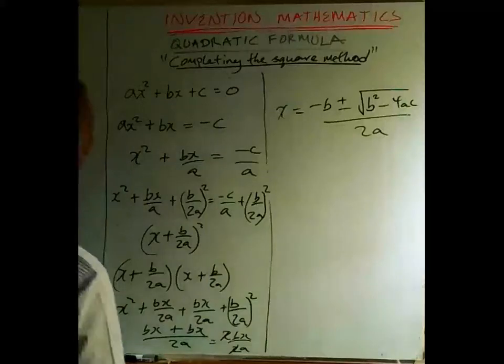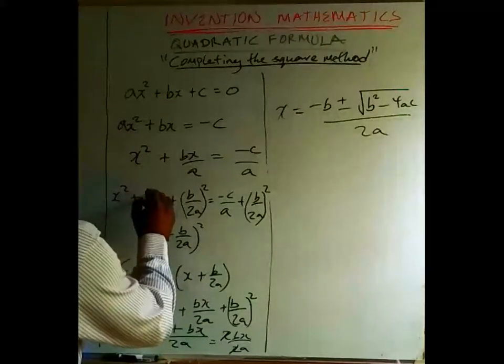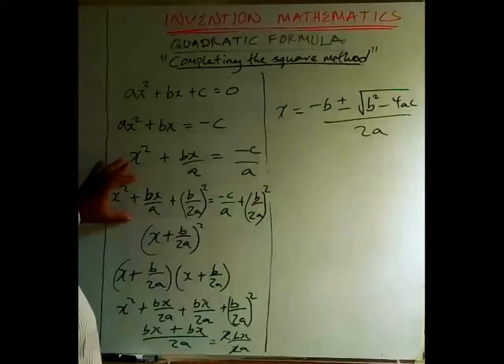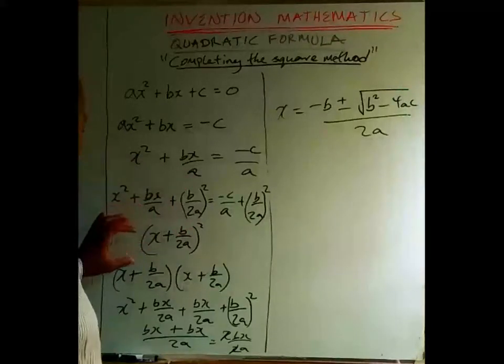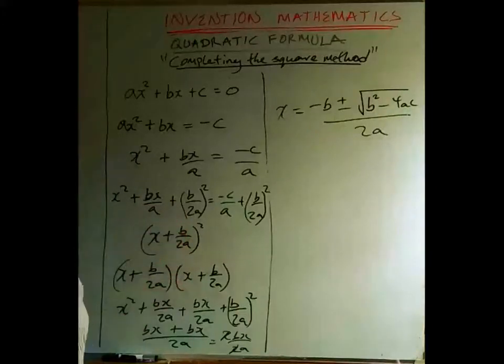So the purpose of adding the square of half of the coefficient of the middle term is to make the equation a complete square, which can be written as x plus b over 2a, squared.